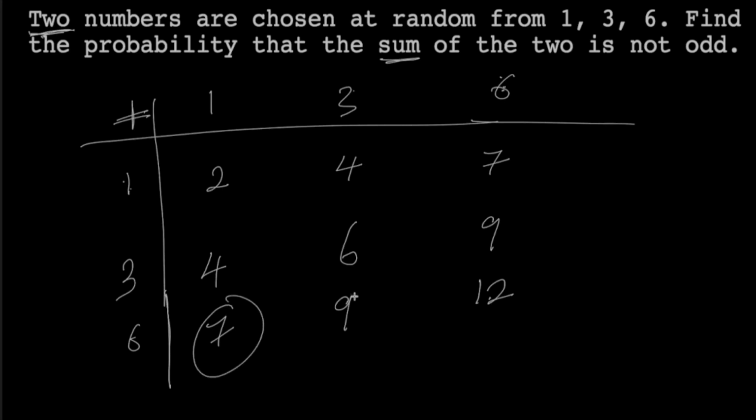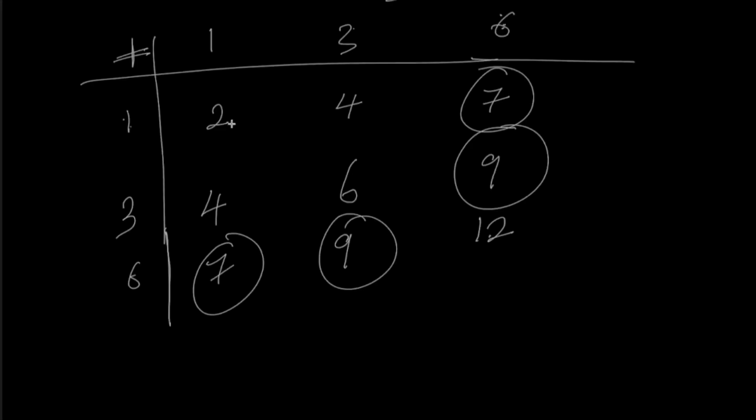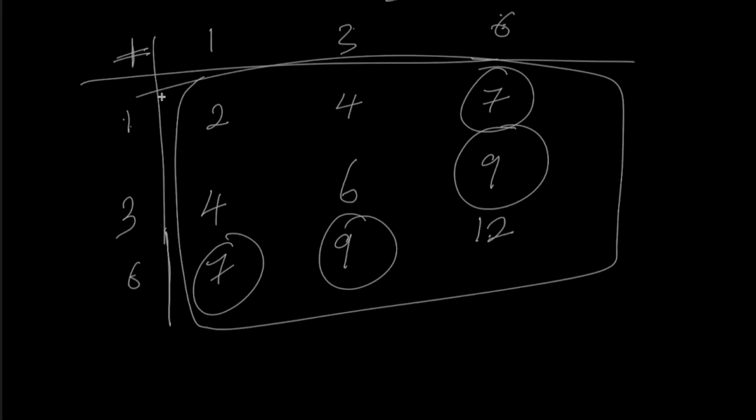Now, let's outline the odd numbers. This is odd, this is odd, this is odd, this is odd. Find the probability that the sum of the 2 is not odd. Either we use all this even, direct, or we use this odd and remove it from 1. So you ask yourself, how many odd as per the summation? Remember, we are interested in summation. That's why we did this.